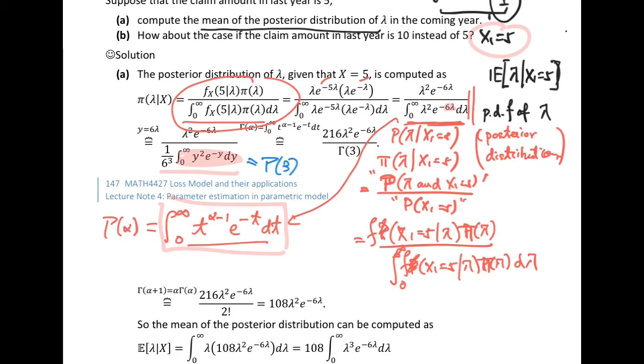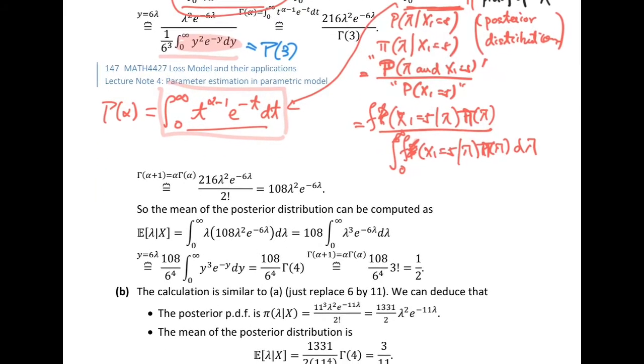To evaluate gamma 3, remember we have this amazing identity: gamma of alpha plus 1 equals alpha times gamma of alpha.